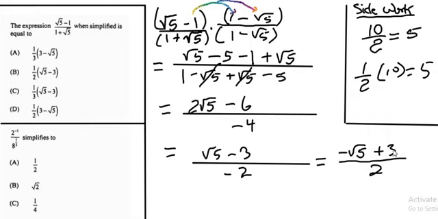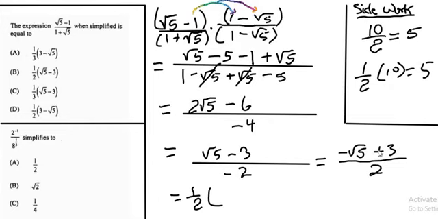Similarly, what we are seeing here is that the numerator is just like 10, and we're finding half of it in that sense. So we're going to write it as a half of whatever value the numerator is, and we're going to put the minus root 5 last. Typically we write the positive term first, so we're going to write the positive 3 first and then the minus root 5 afterwards.